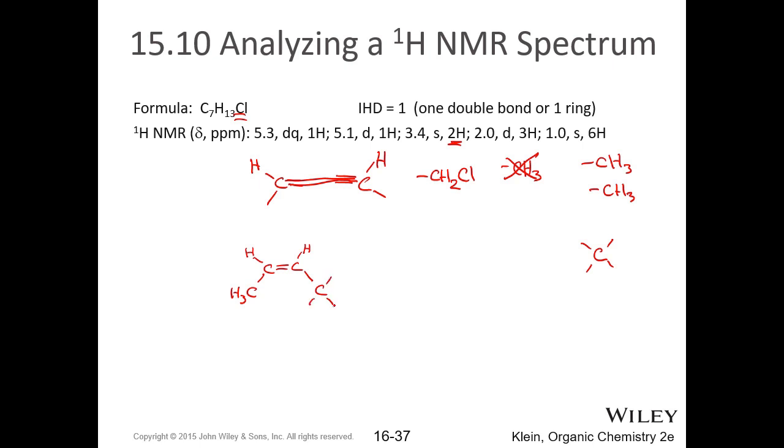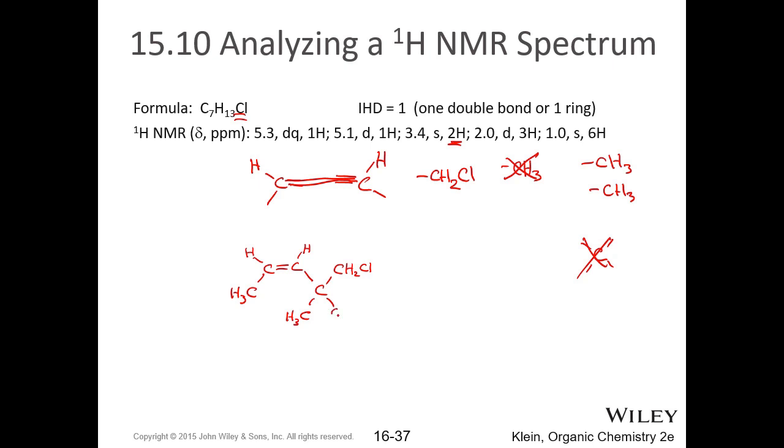So we can take it out of play. Our chloromethyl group, this one here, is a singlet. So that tells us it also is bonded to a carbon with no hydrogens. So we can bond this one up here. And then our 2 methyls must be bonded down here.